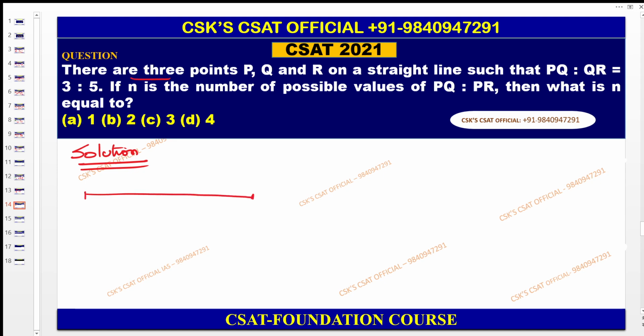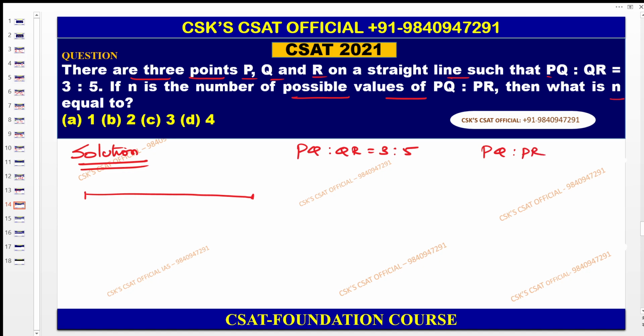There are 3 points P, Q, R on a straight line such that PQ : QR is equal to 3:5. If n is the number of possible values of PQ : PR, then what is n? Now try to understand.